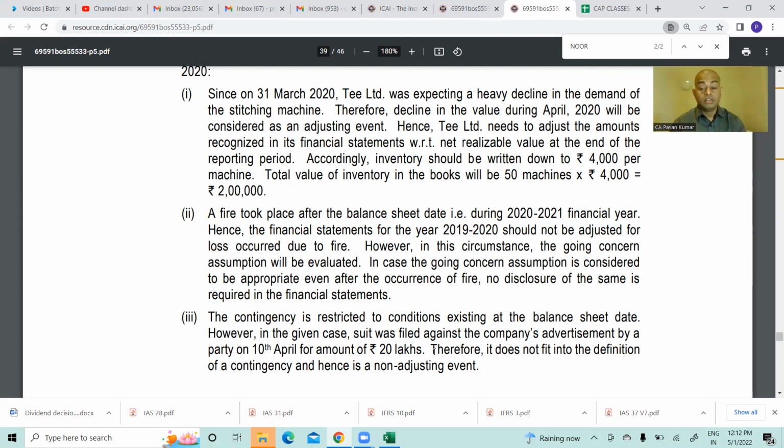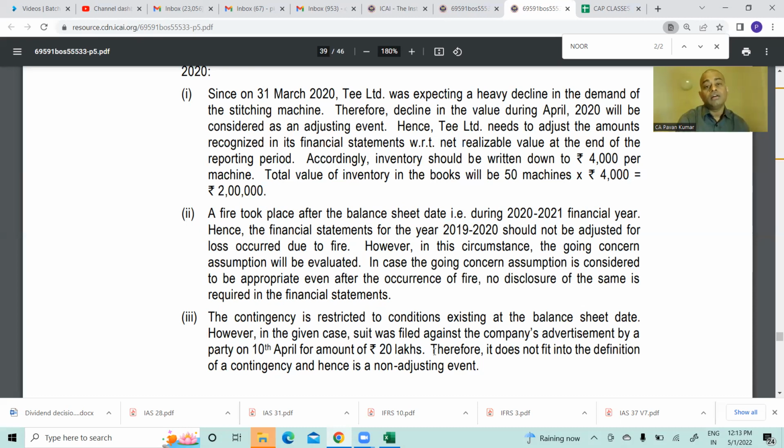That is one question mark. Question mark two: is it an adjusting event or non-adjusting event? So basically it is a non-adjusting event. Okay, why? Because the court case is filed after the balance sheet date, so it is a non-adjusting event. Okay, if the court case is filed, imagine before the balance sheet date, say for example 15th February, so 1.5 months before the balance sheet date, then you will think the probability of occurrence.